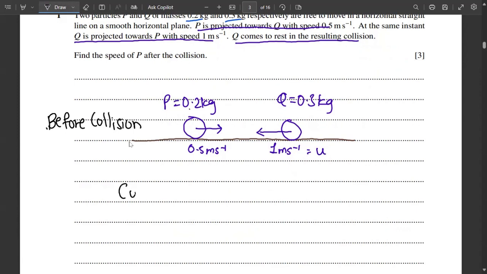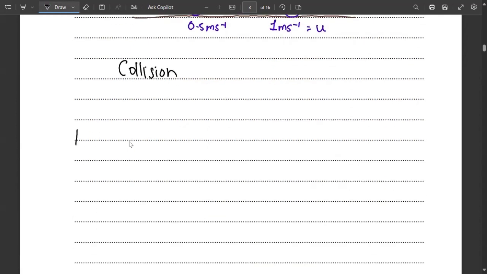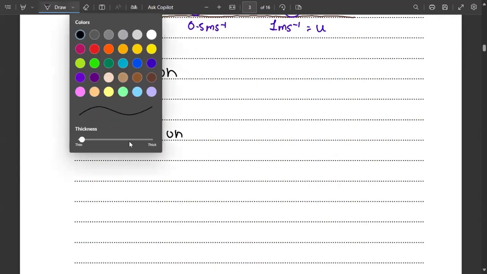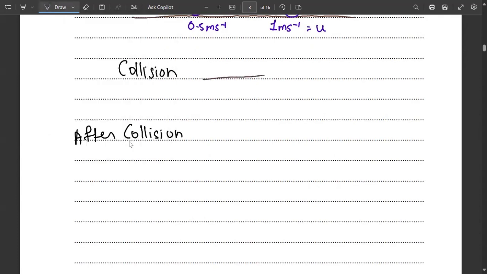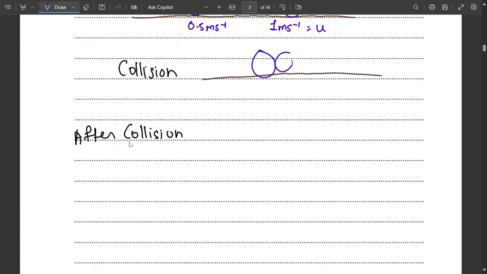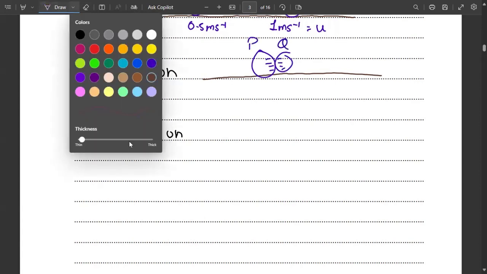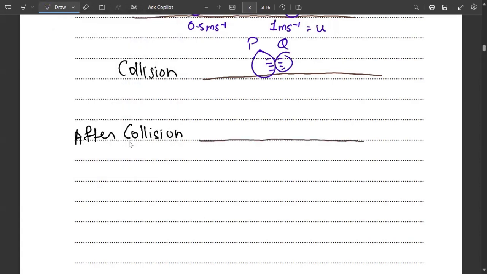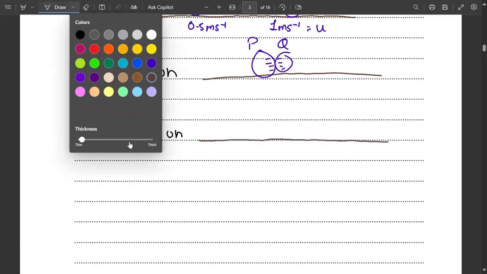Now, collision will occur and something will happen after the collision. Let me draw diagrams for all of them so that it is easier to understand. So now this is during the collision, P and Q collide. And then after the collision, Q comes to rest.